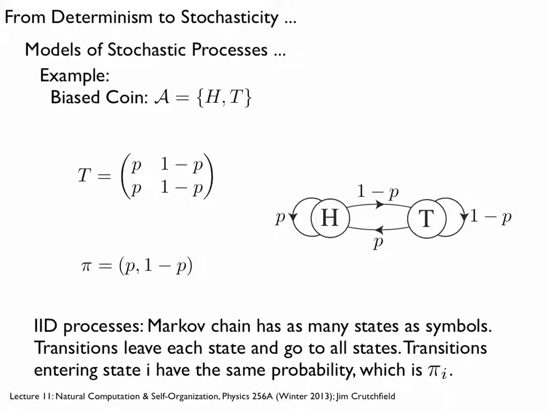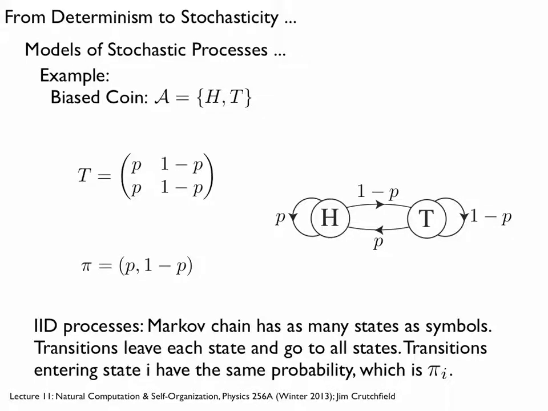One interesting thing is that the transitions entering state H have the same probability as the state itself. So the probability of heads is p, and notice that the transition probabilities coming into state H are p also. So these IID processes are very, very highly constrained, with easy-to-read properties, if you will.